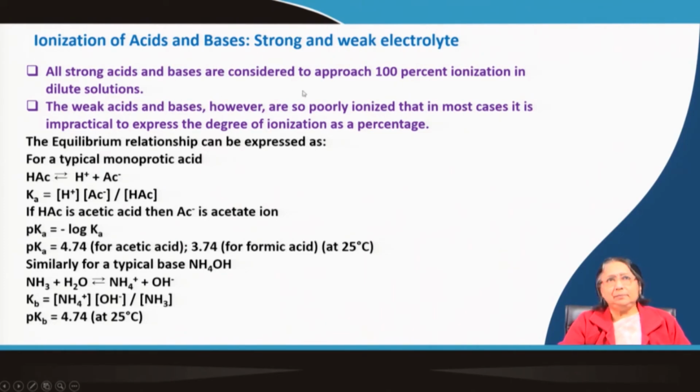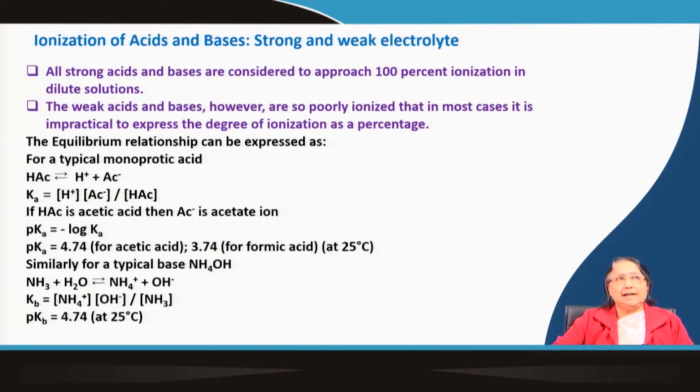All strong acids and bases are considered to approach 100% ionization in dilute solution. So, strong acids will be 100% dissociated, for example HCl. If you put some HCl in water, then HCl will be completely dissociated. But if you put, for example, a small amount of acetic acid in water, then it will not dissociate 100%.